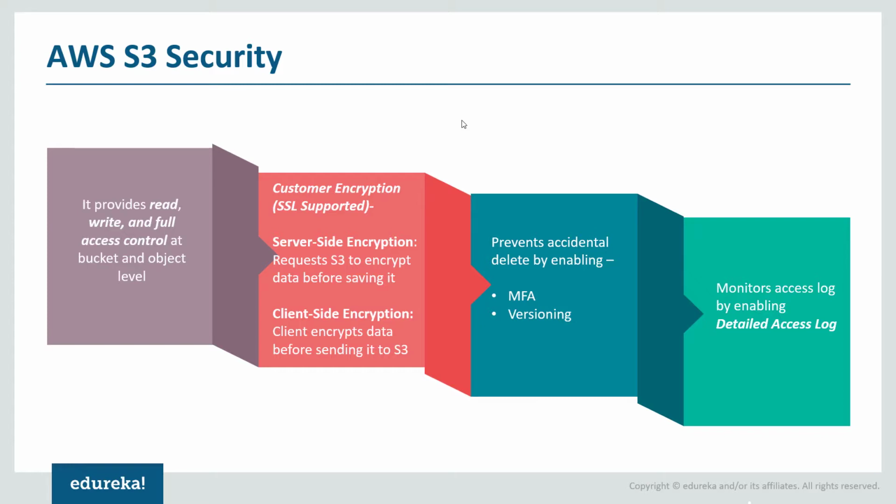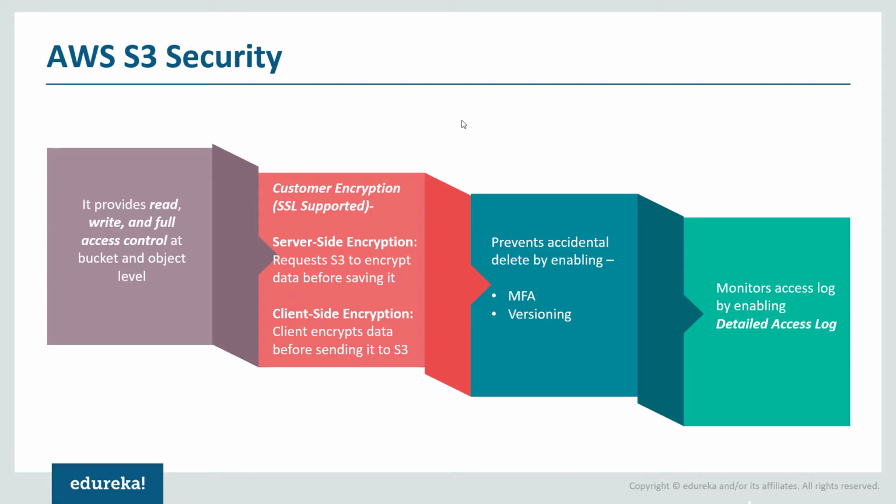You can also ensure that accidental deletion of data can be prevented using multi-factor authentication and by enabling bucket versioning. And S3 is designed in such a way that each and every request that has come to S3, either to access the data or to access the bucket, is logged in detail.